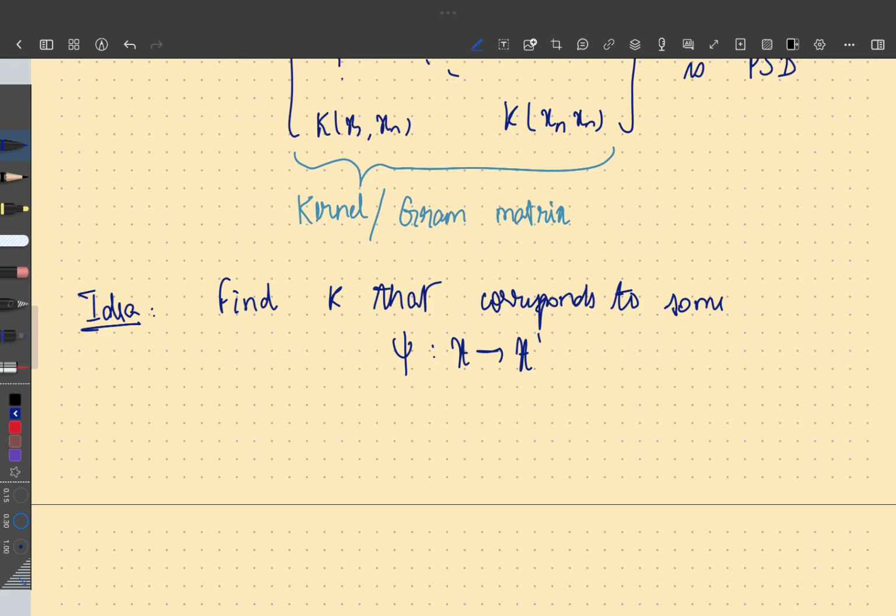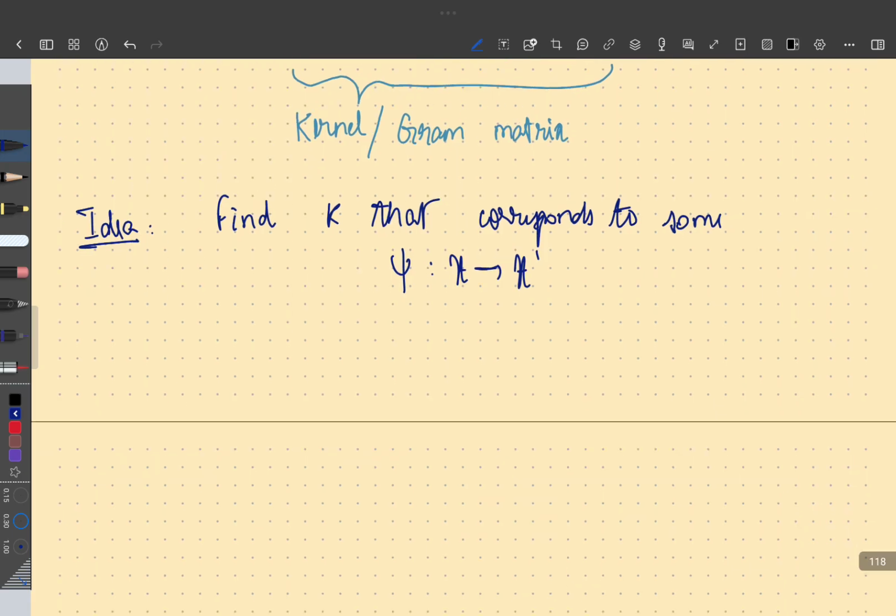So we don't care even if we have a closed form representation of psi. We'll just try to find K such that K of x1, x2 can be computed efficiently. And we'll see why that is enough. Right now we have some intuition because most of the algorithms just depend on inner products. Hopefully it's enough to design your algorithm such that you only need to compute K of x and something else and nothing else.